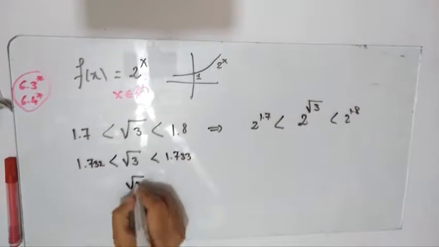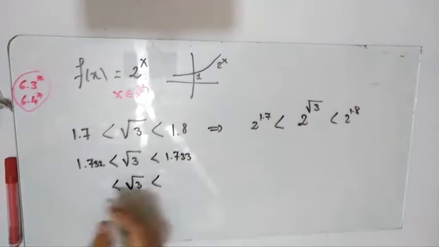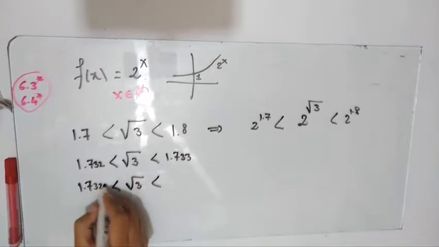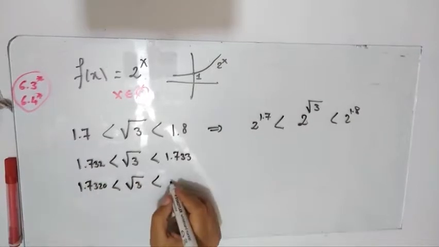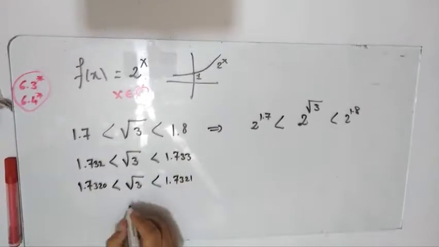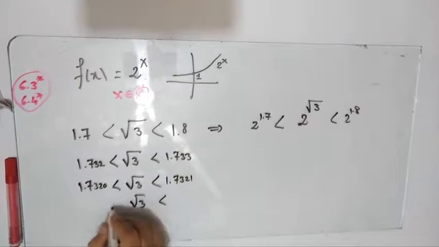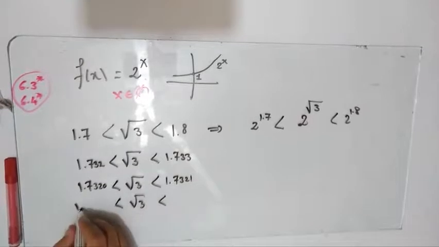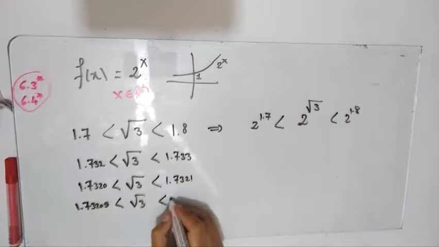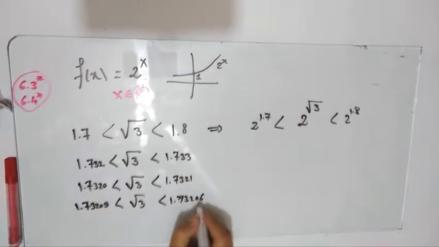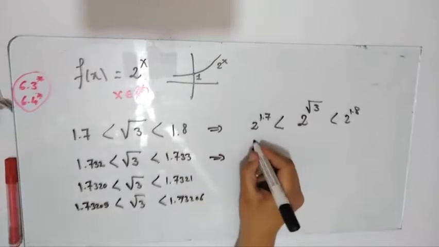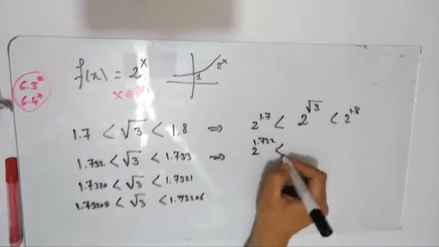And again, square root of 3 is bigger than 1.7320 and less than 1.7321. And also, square root of 3 is bigger than 1.73205 and less than 1.73206.